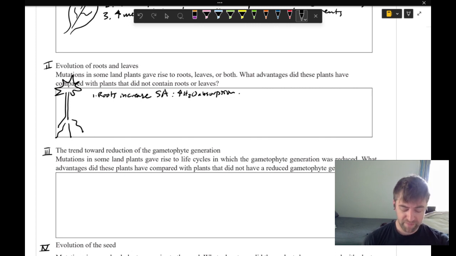This evolutionary advantage of the root system further anchors that plant into the soil, not just the topsoil, but into the deeper soil. So it has, again, access to more and different nutrients and also a stronger base so that it can grow even taller.